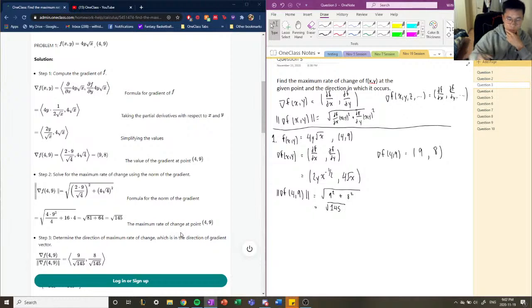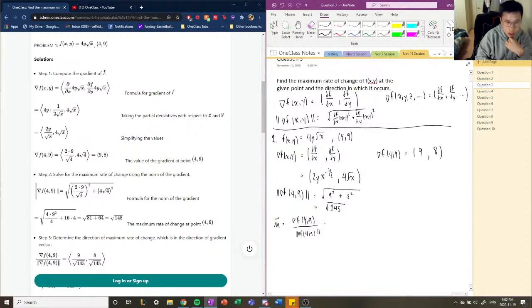Okay, so its direction would be the unit vector, let's say u, which equals the gradient of f at 4, 9 divided by the magnitude of the gradient at 4, 9.